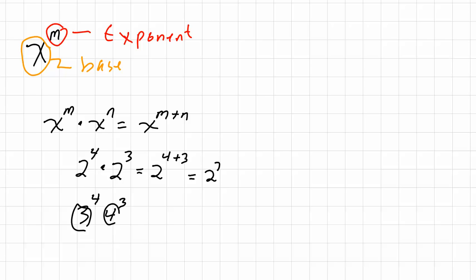The next thing we can do with exponents is take an exponent to a power. So if we have x to the m and the whole exponent is being taken to the nth power, then we multiply exponents.